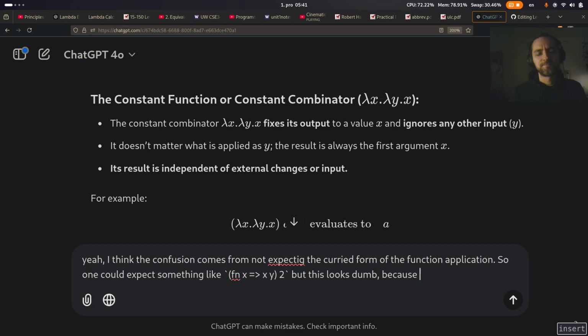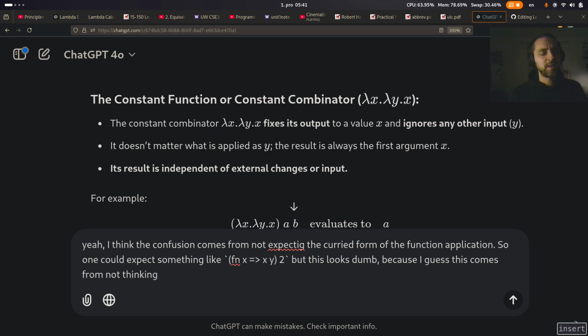but this looks dumb because I guess this comes from not thinking how one would actually define a constant function.